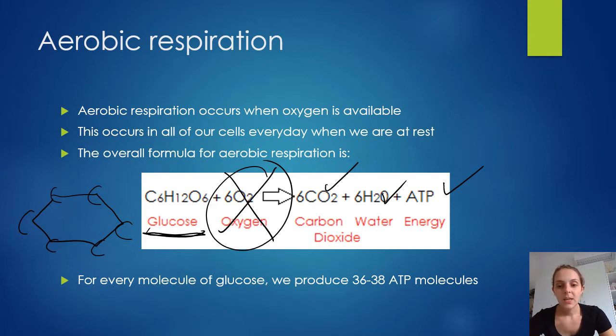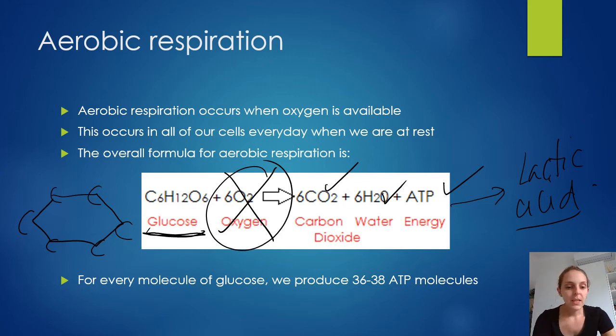We still make some ATP, but we also go off and make lactic acid, which is an unwanted byproduct of this, but that is for next lesson. Now, for each individual molecule of glucose, we get 36 to 38 ATP. That number varies a little bit book by book, but the generally accepted number is around the 36 to 38.